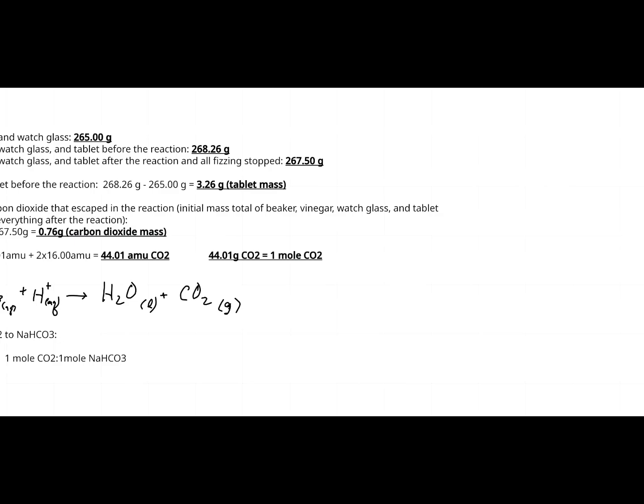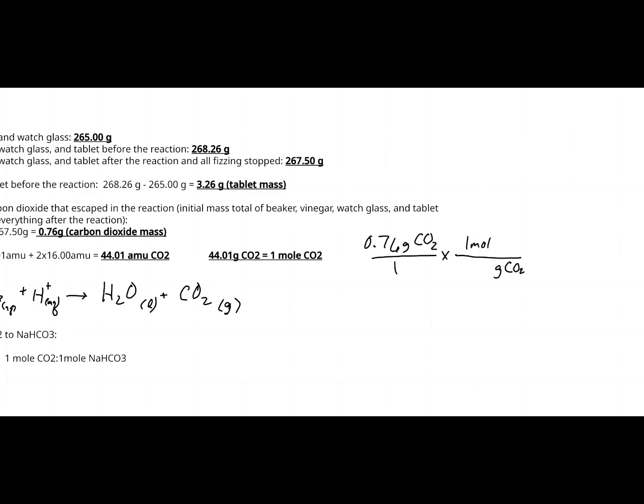So all right, we're going to take the grams of carbon dioxide and we're going to go ahead and open up our lovely dimensional analysis here. And we're going to convert that to moles of carbon dioxide.